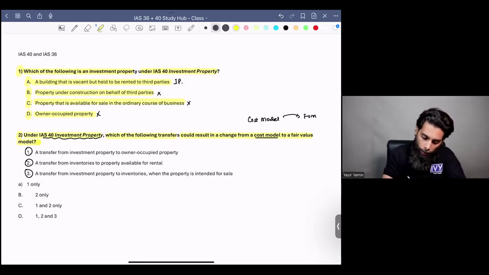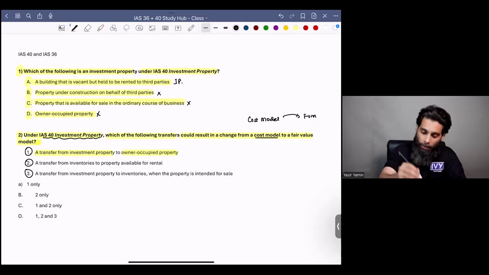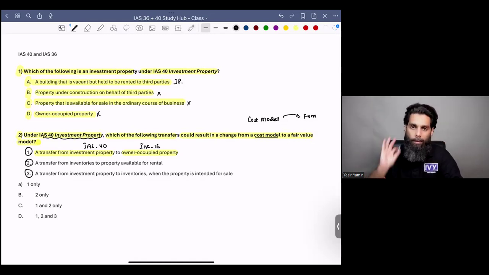Number one, a transfer from investment property to owner occupied property. If you have a transfer from investment property, which is carried under IAS 40, to owner occupied property, which is carried under IAS 16, what are the possible cases?